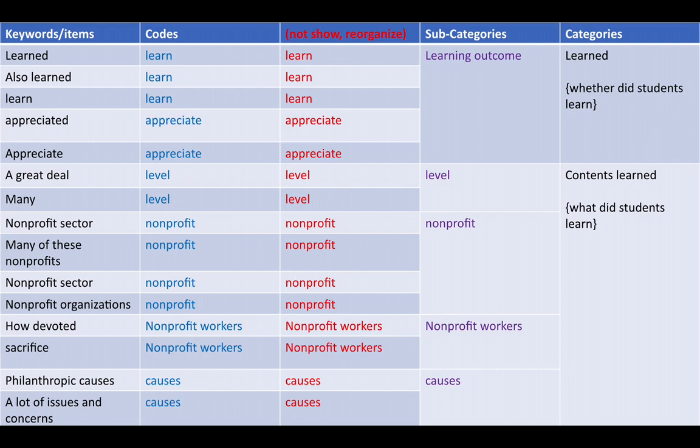These codes should first make sense to you, and then it will be much easier to reorganize them and categorize them into subcategories and categories, so that you can come up with the main themes which could help you answer the questions. All right, so this is the whole process.